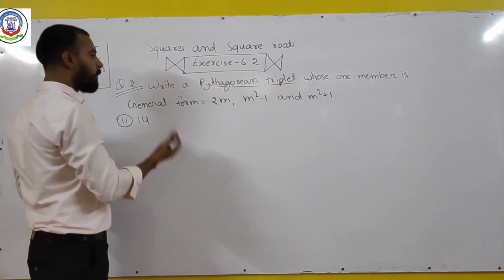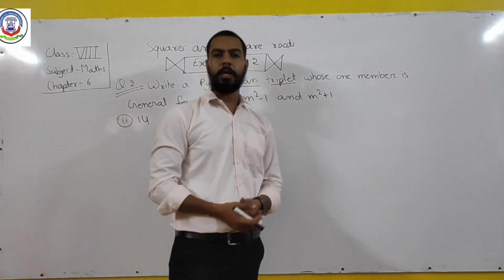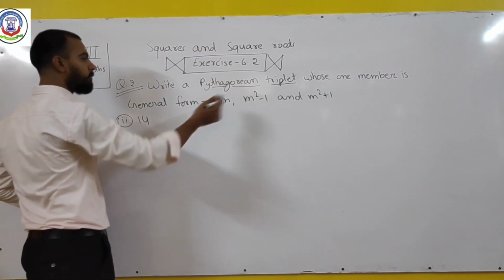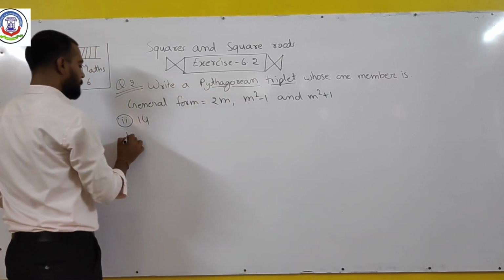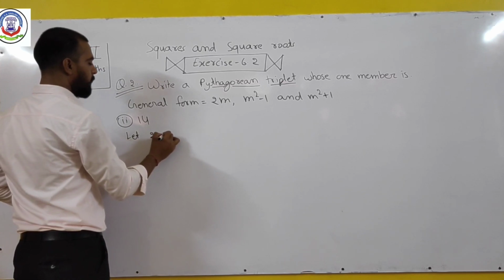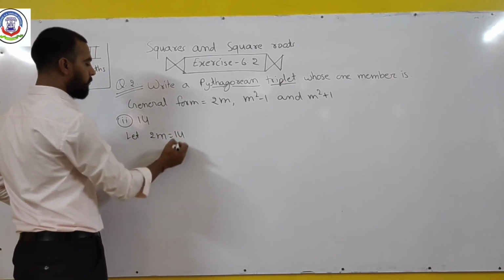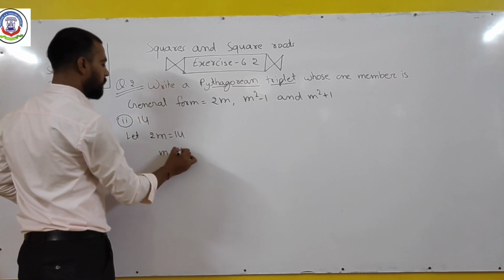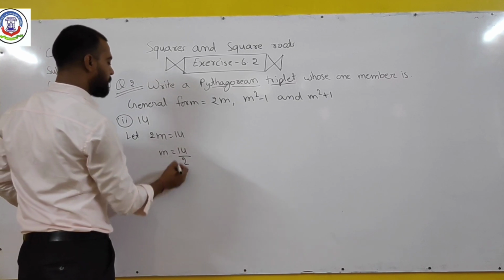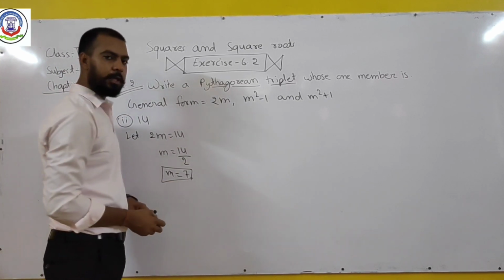But which member is 14, first, second or third, is not clearly given. So what will you do? In each case you will set it equal to 14. Let 2m is equal to 14. Then we will divide 14 by 2, so our answer will be 7. That means the value of m is 7.